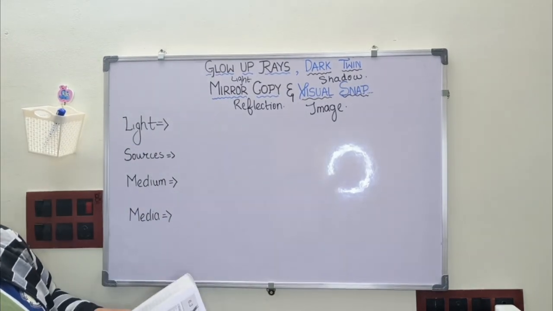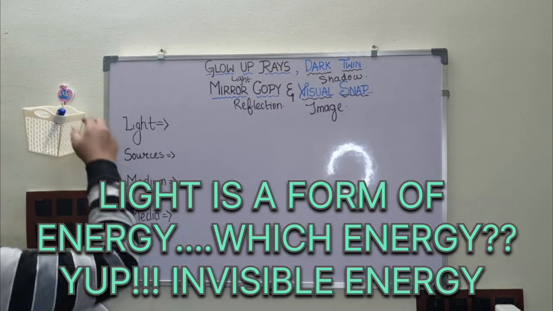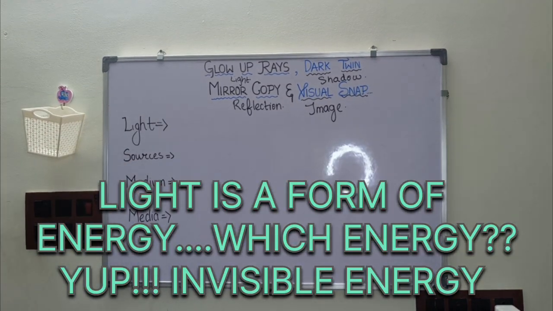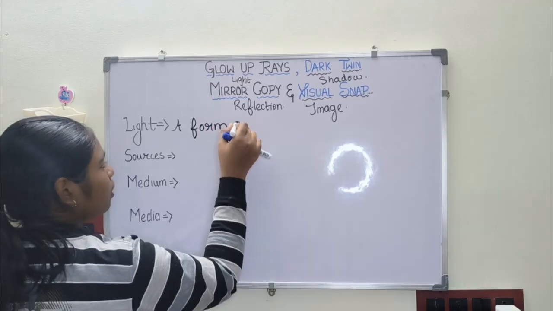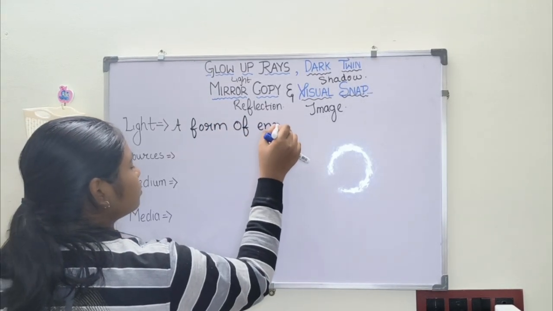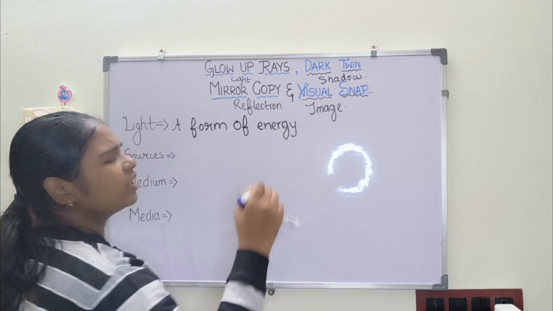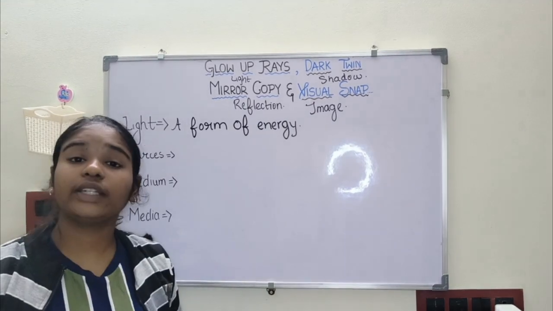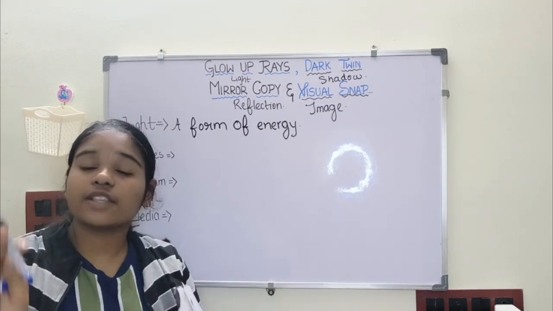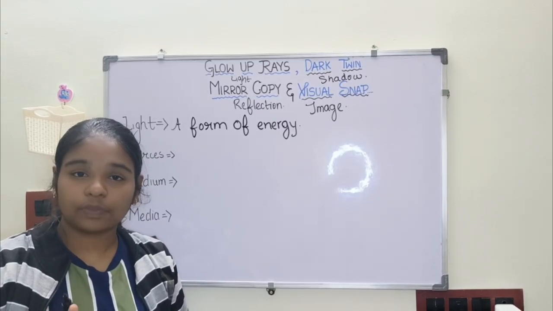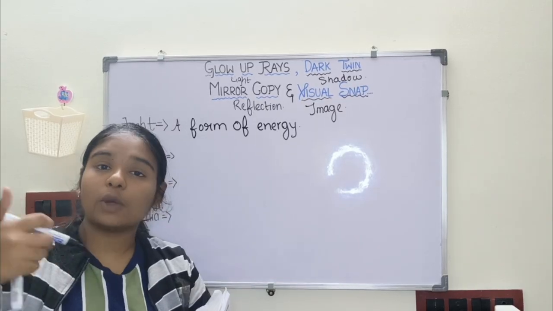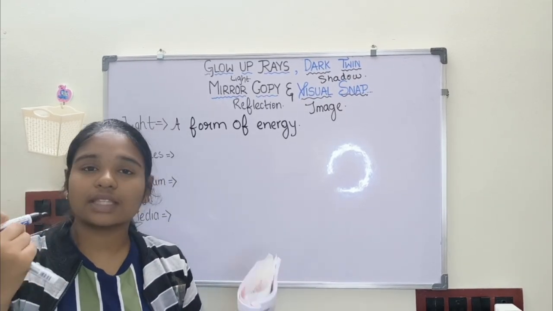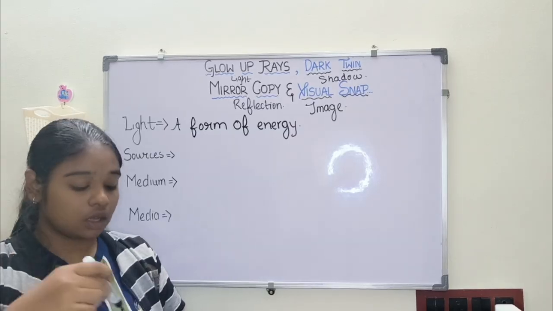Light is a form of energy, but what kind of energy? It is an invisible energy. You can't see light. The object bounces back the light, which reflects to our eyes, and it makes the object to be seen.